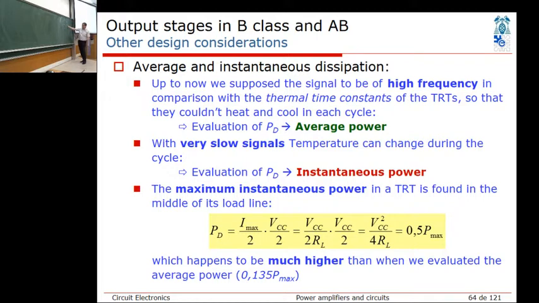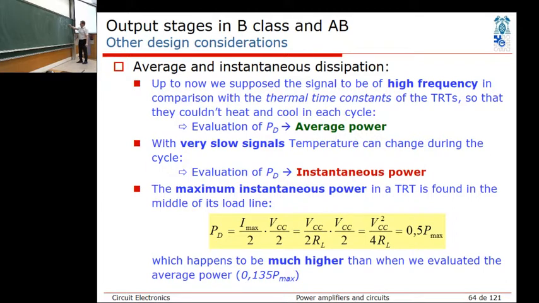But in average, this would be based on the thermal capacity and the thermal resistance to the cooling element. So the temperature here follows that one.